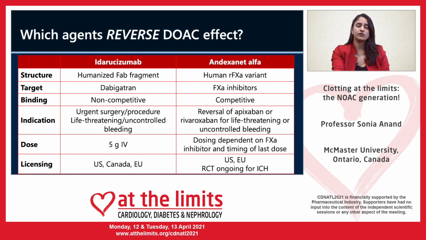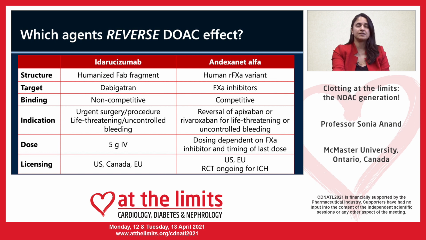We do have reversal agents for some of the most commonly used DOACs. Shown here is idarucizumab, which is a monoclonal antibody used in patients on dabigatran who have experienced life-threatening or severe bleeding. It's available in the United States, Canada, and Europe, as well.